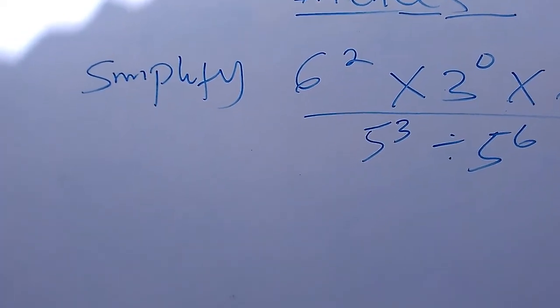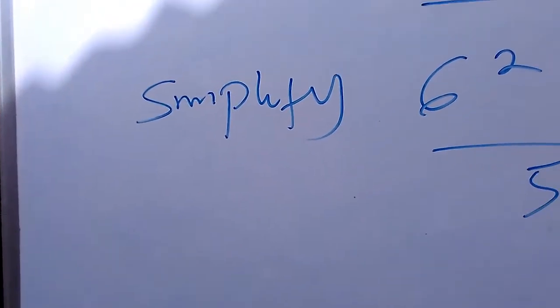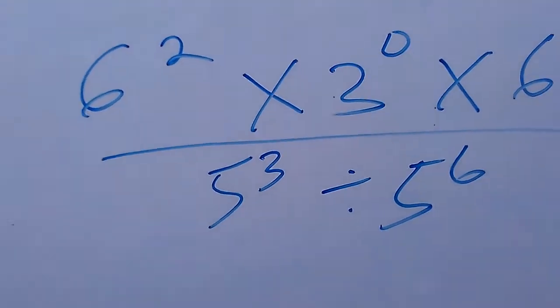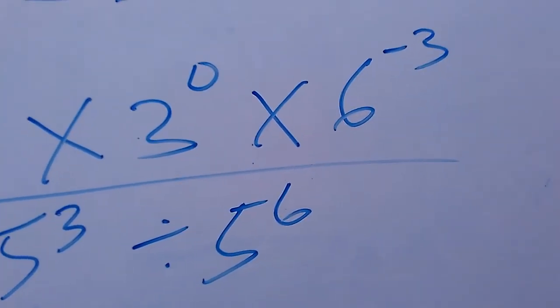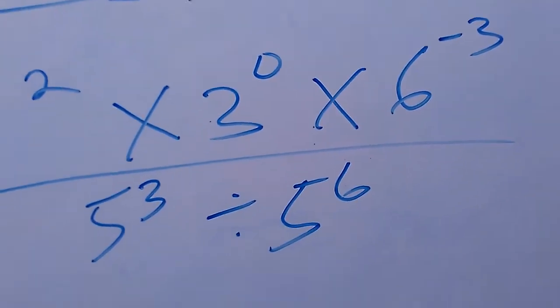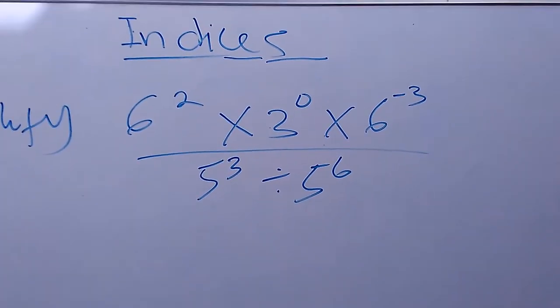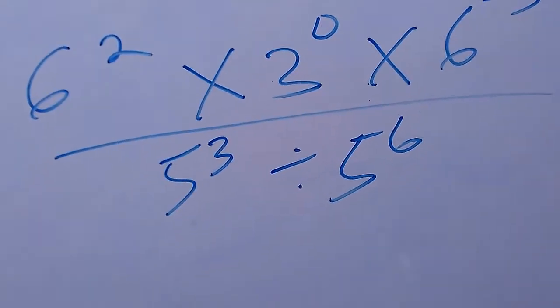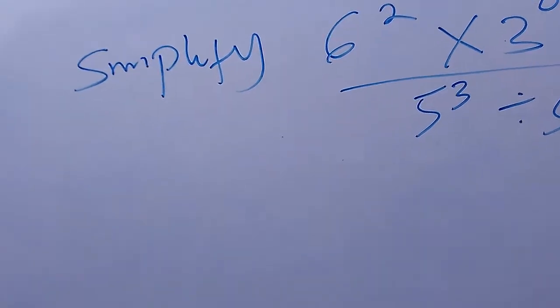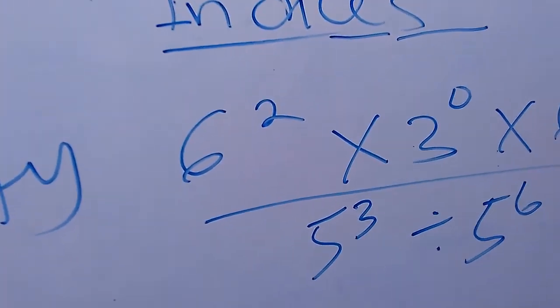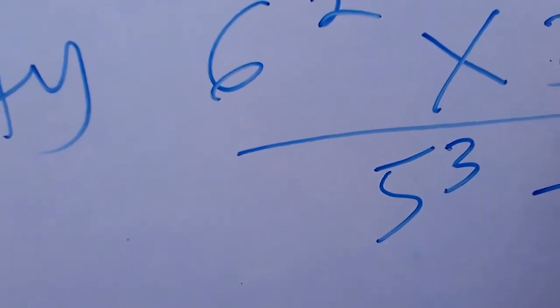Okay, ladies and gentlemen, this is another equation. Simplify 6 raised to the power 2 times 3 raised to the power 0 times 6 raised to the power minus 3 all over 5 raised to the power 3 divided by 5 raised to the power 6. So here, this is already ruled out because 3 raised to the power 0 is 1.